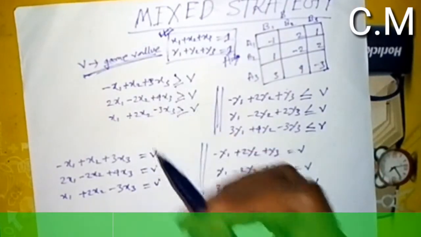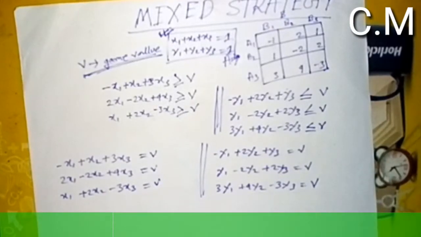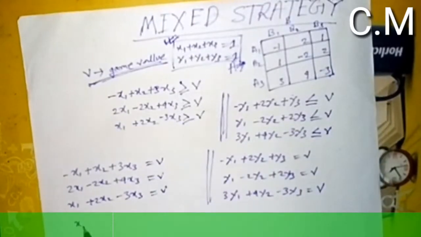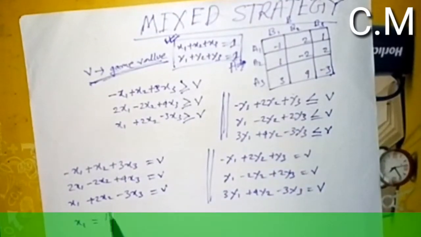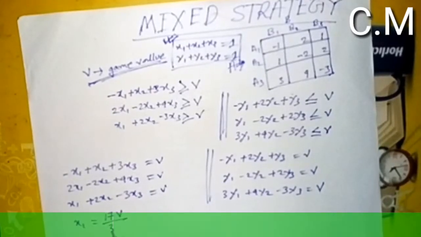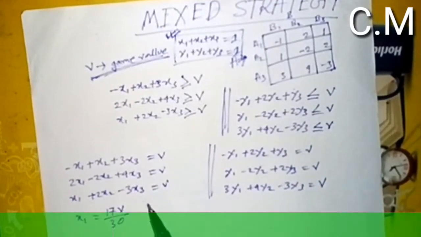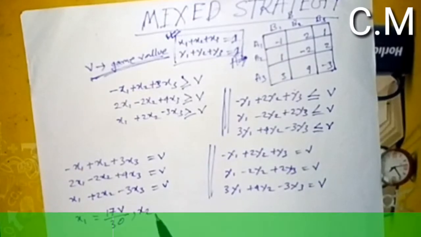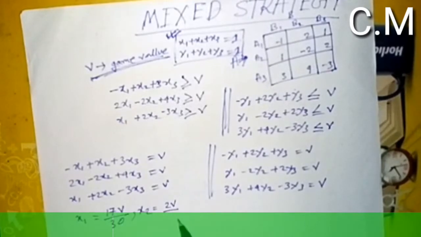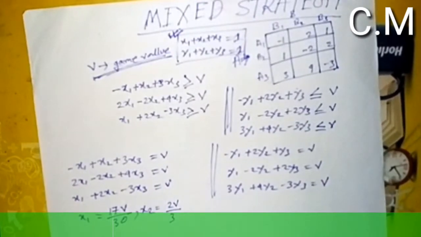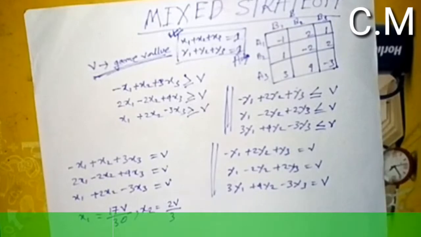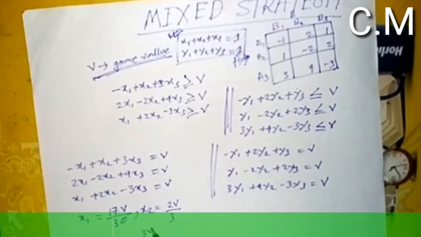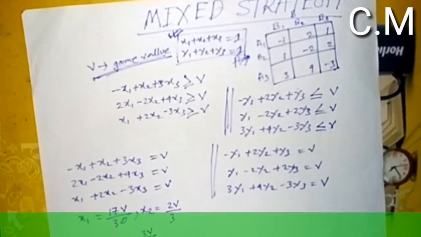So by solving these equations, now with the equal signs, we find x1 equals 17v by 30, x2 equals 2v by 3, and x3 equals 3v by 10.